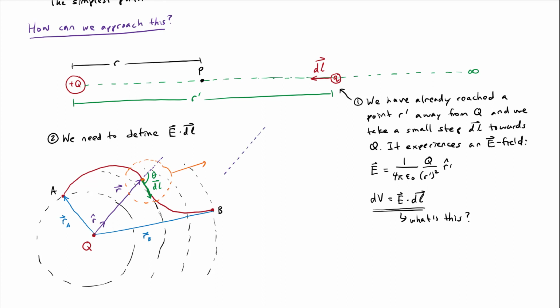We have the imaginary line extended from R, and then we also have our path dl.